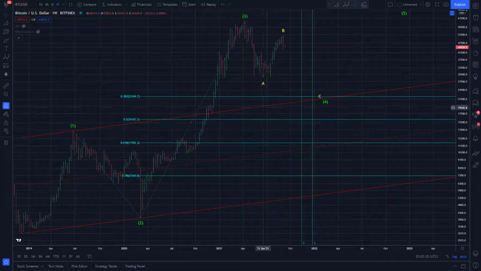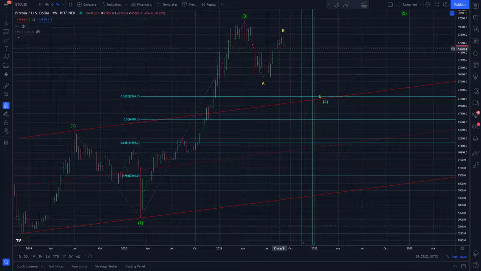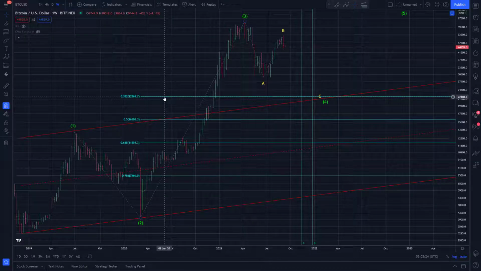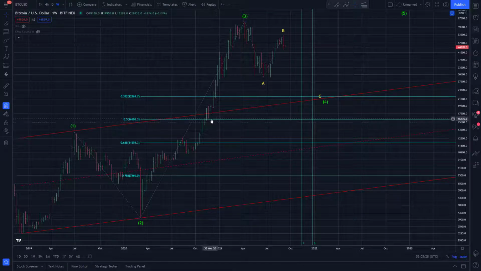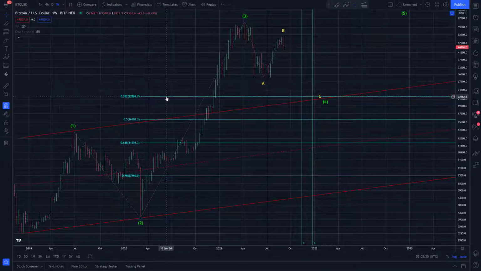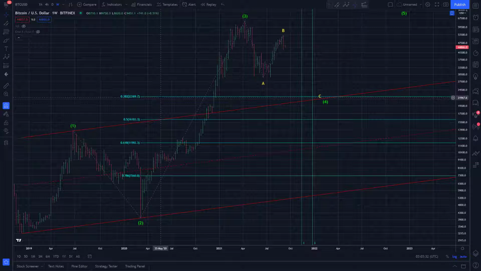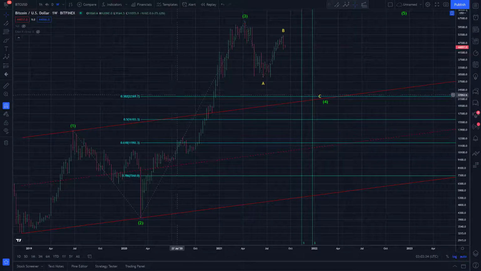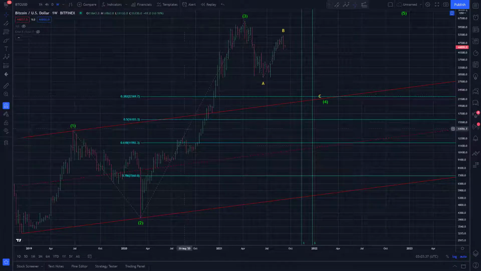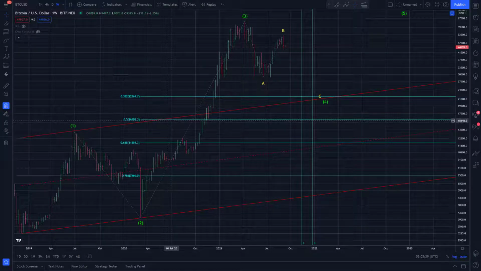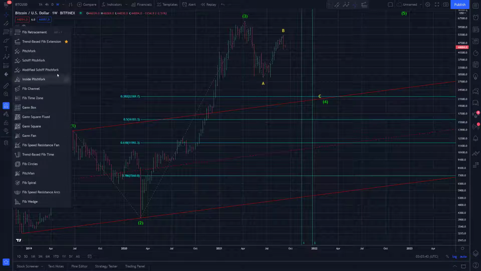Typically in a fourth wave, the most common fib retracement is 38.2%, and the next most common would be around 50%. So 38.2% retracement in log scale of wave 3 would bring us to 22,369, and a 50% would bring us to around 16,000.